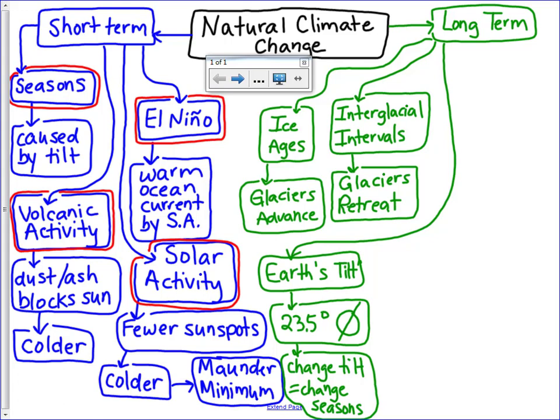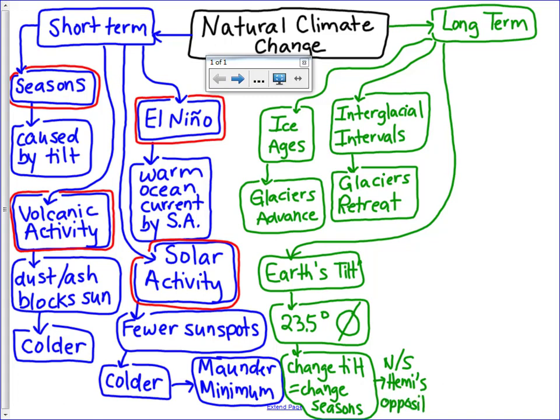Another thing that can change the seasons. One other note that we're going to put here next to this one is just a reminder that when we're talking about seasons, the northern and the southern hemispheres, I'm going to try to abbreviate here and save some space, are opposite each other.